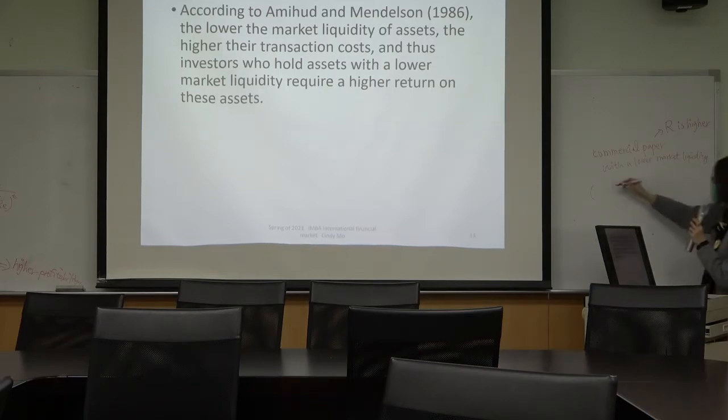And then we will see an increasing difference between the commercial paper rate and the treasury bill rate. The difference between the commercial paper rate and the treasury bill rate is called the market liquidity premium.